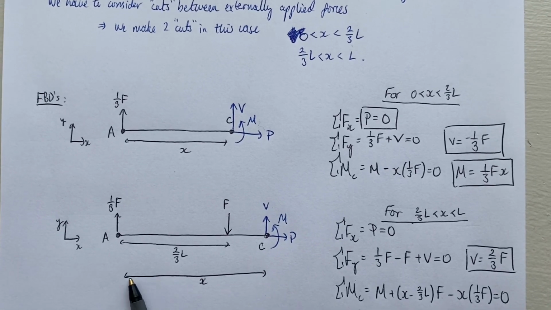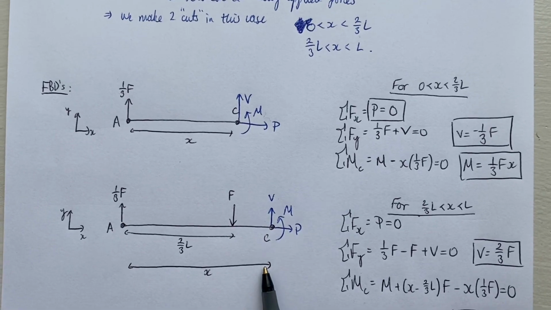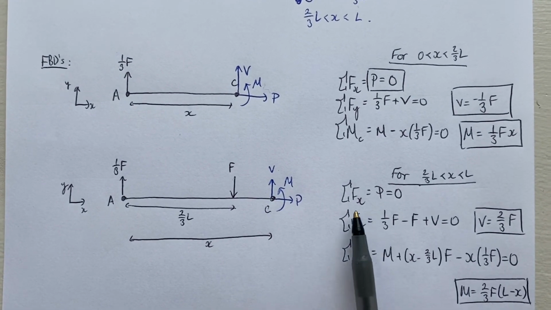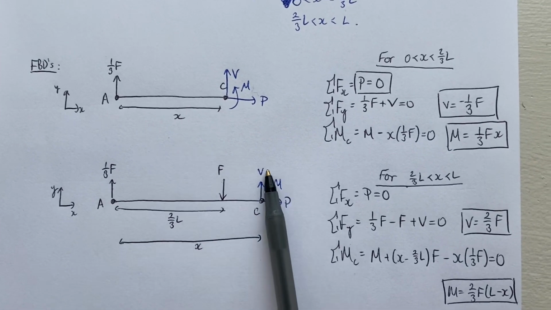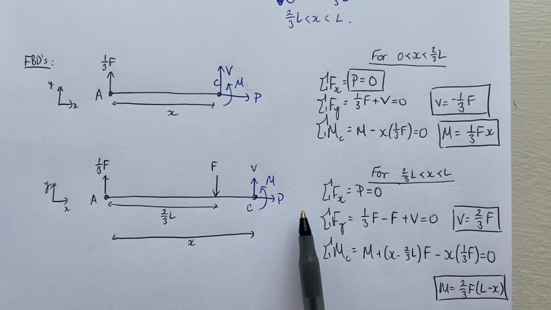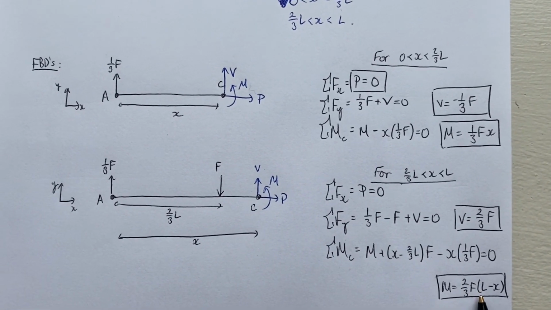So again, I'm calling that arbitrary distance X from A to C. And again, I've gone ahead and solved the equilibrium equations now for these unknown internal forces, and I get the following solutions.